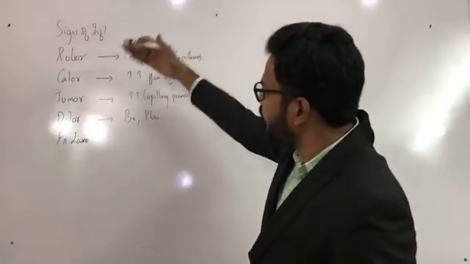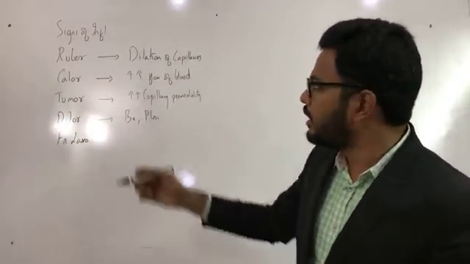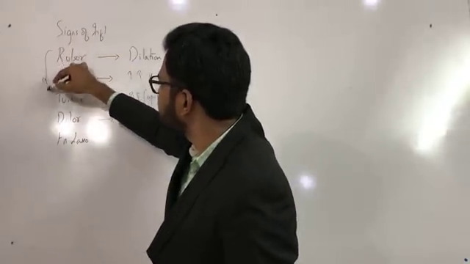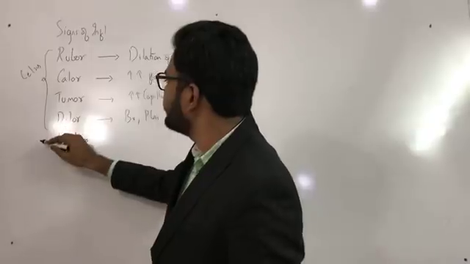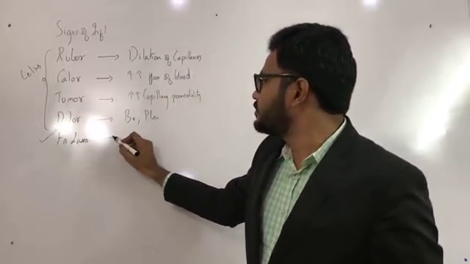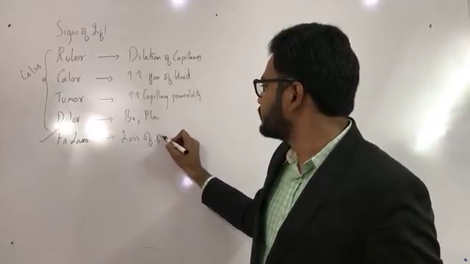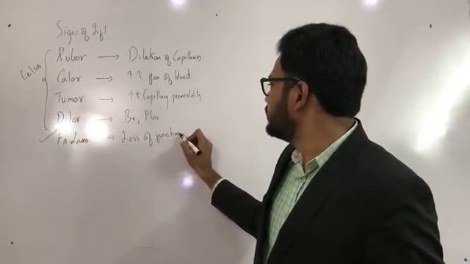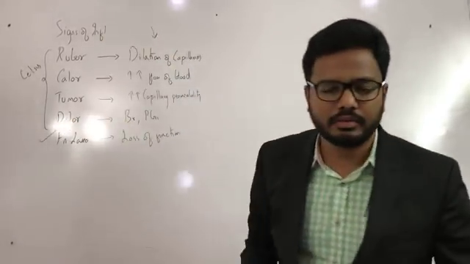These four signs of inflammation, called the cardinal signs of inflammation, are given by Celsus, isn't it? And the fifth sign, functio laesa or loss of function, was added later, right? So these are the reasons why we see various signs of inflammation.